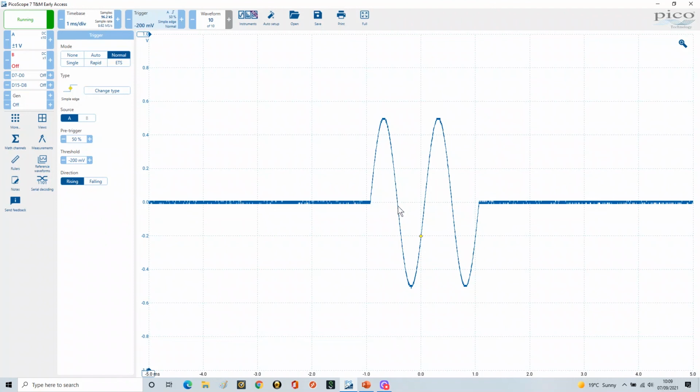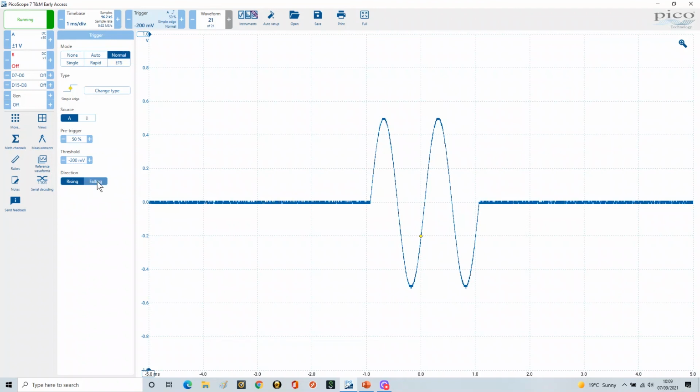Going down, it still hasn't found the test condition, even though it's gone through negative 200 millivolts. It's looking for a rising edge, so it carries on through here, up, and all of a sudden it meets the condition of rising through minus 200 millivolts and captures it and carries on displaying our signal.